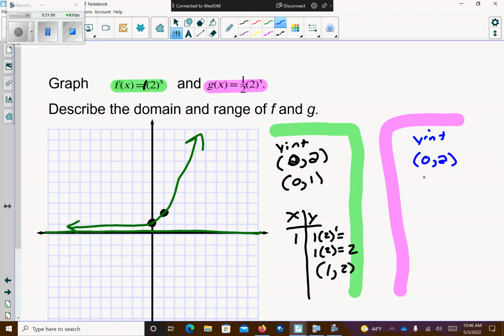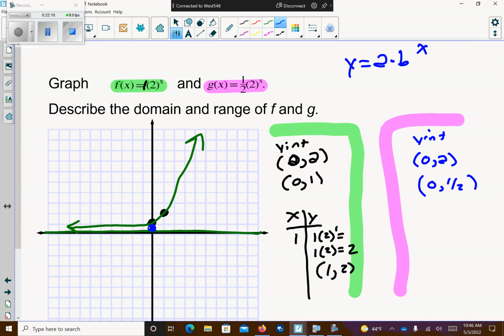What's our A value? Remember, the equation's this. So what's my A value of the pink? 1/2, 0 comma 1/2. So you kind of have to squeeze it in. It goes down right down here.